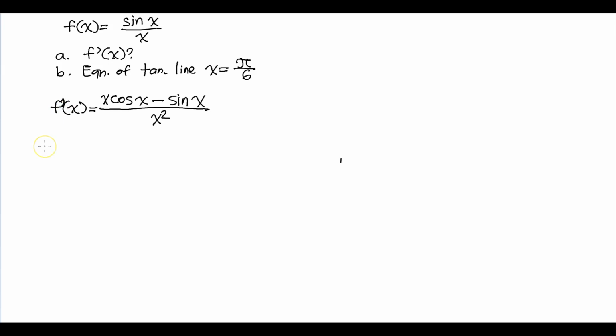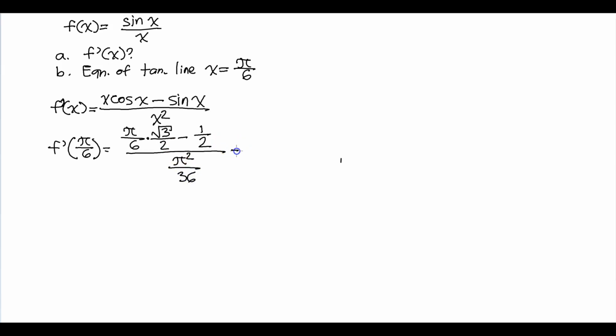So what's the equation of the tangent line at x equals pi over 6? Well, what's f prime of pi over 6? Well, that equals pi over 6 times the cosine of pi over 6, which is root 3 over 2, minus sine of pi over 6, which is 1/2, over pi over 6 squared, which is pi squared over 36.